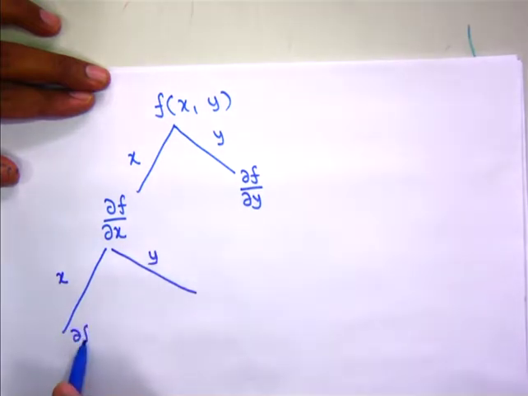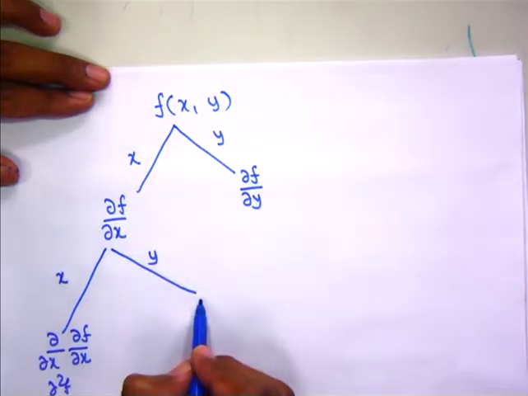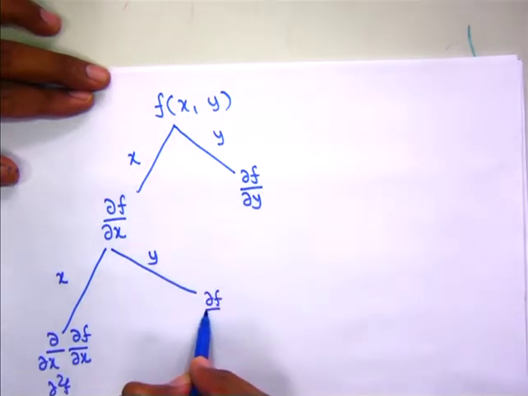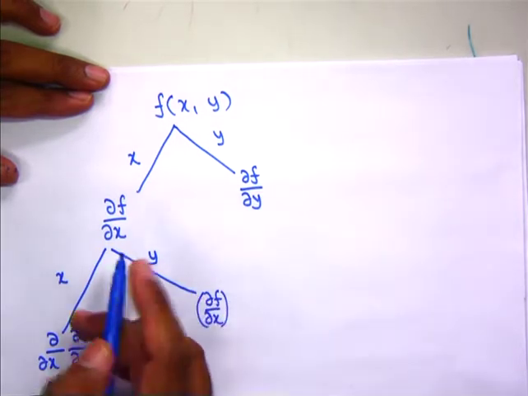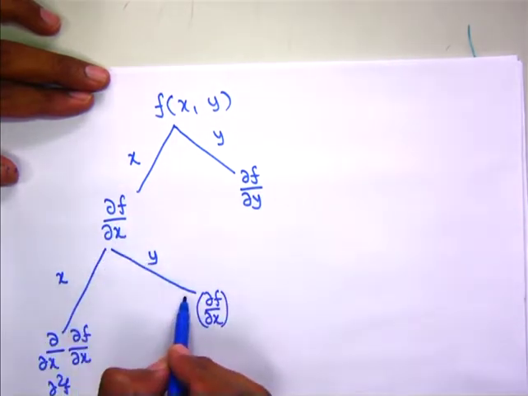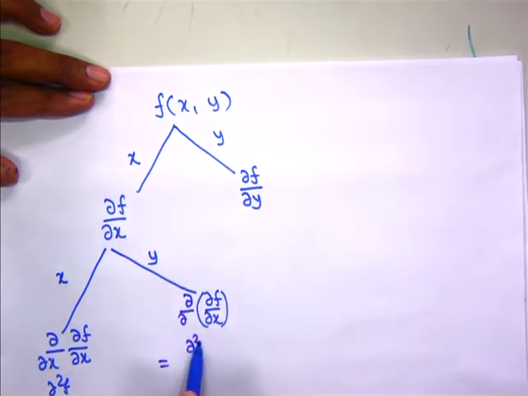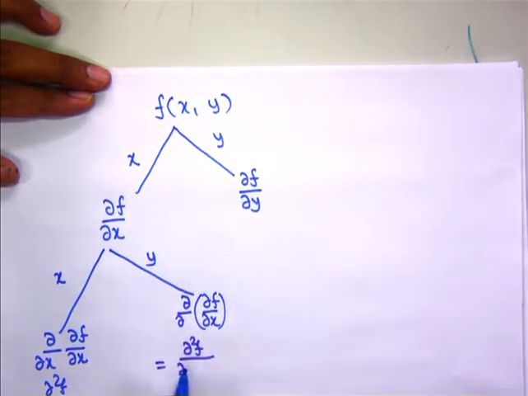Here del f by del x is taken first, and we again differentiate it with respect to x, so this becomes del square f by del x square. And here del f by del x is taken first, and then we differentiate it partially with respect to y, so del by del y, which is del square f by del y del x.